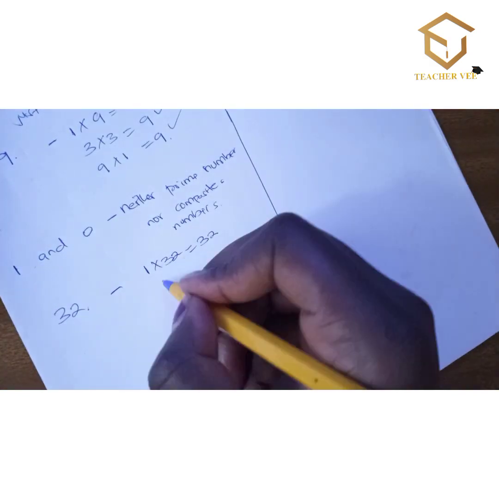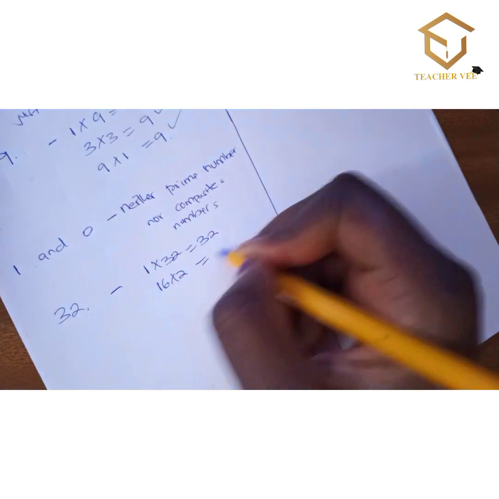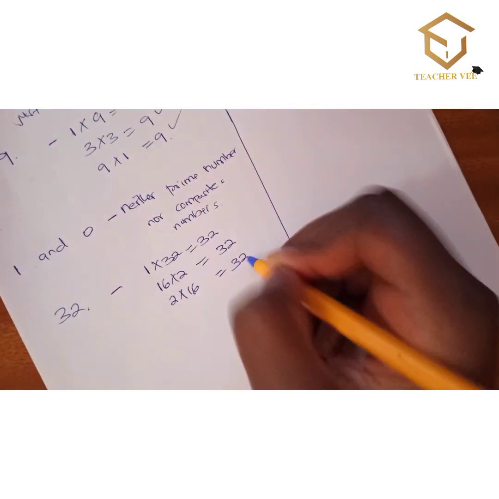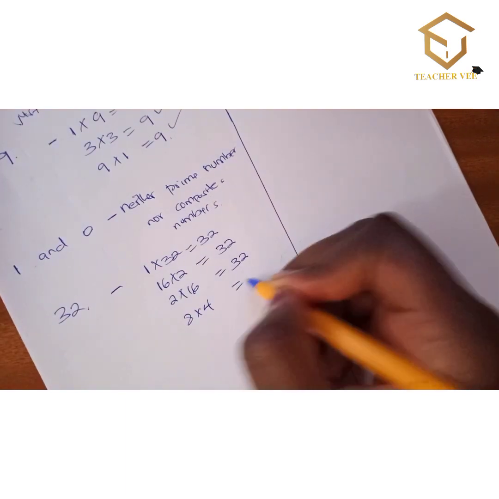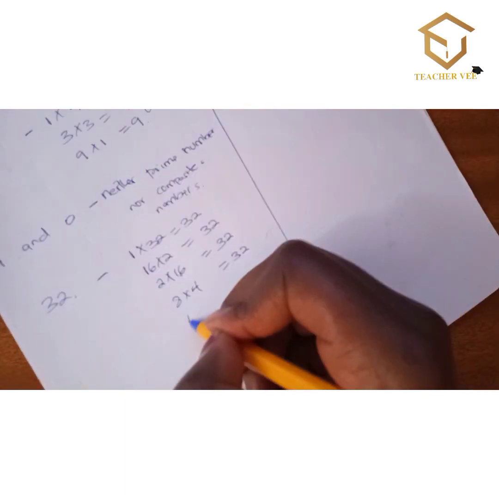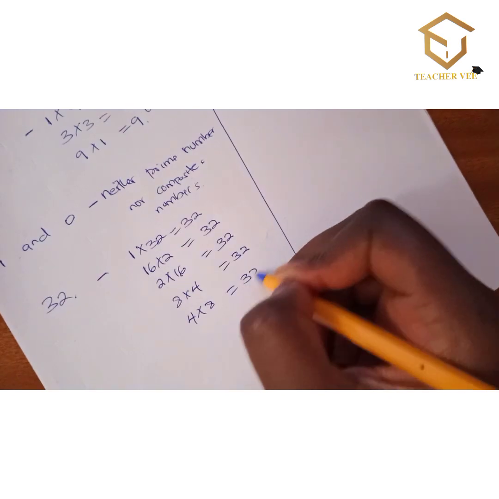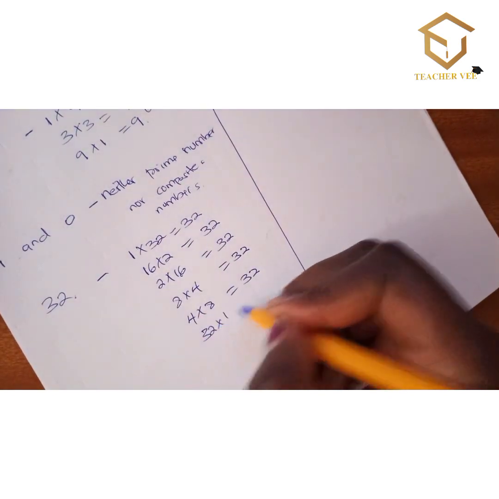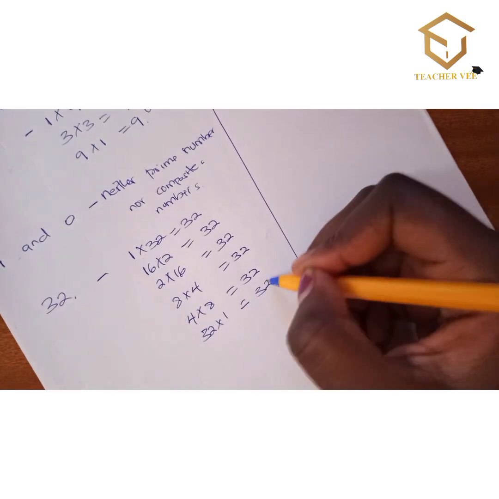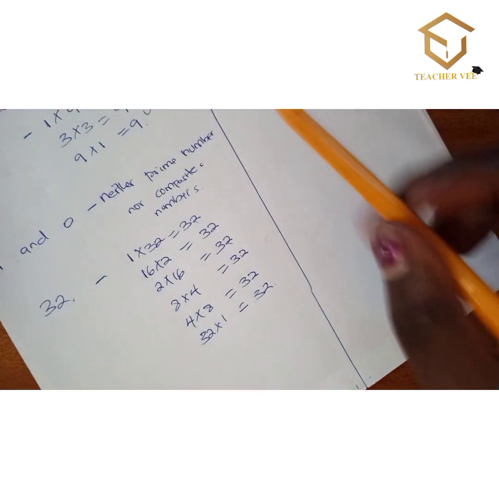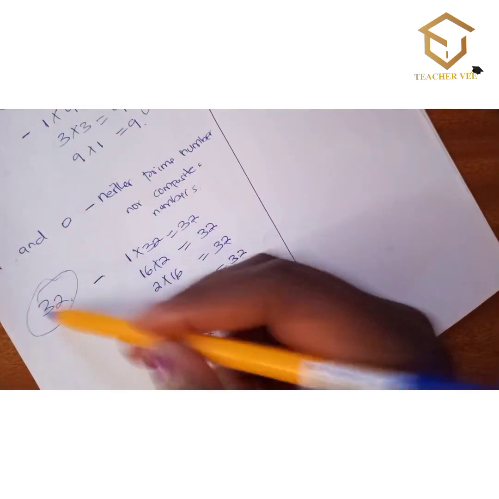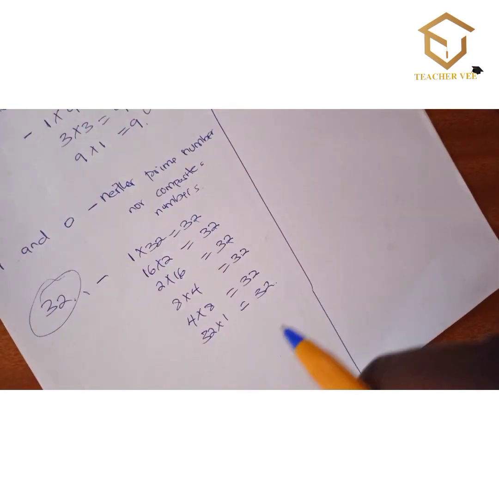You can also multiply 16 by 2, you get 32. 2 multiplied by 16 equals 32. 8 times 4, you get 32. 4 times 8, you get 32. Another one, 32 multiplied by 1, you get 32. 1, 2, 3, 4, 5, 6. These are 6 solutions that give the same answer. So meaning 32 is a composite number.